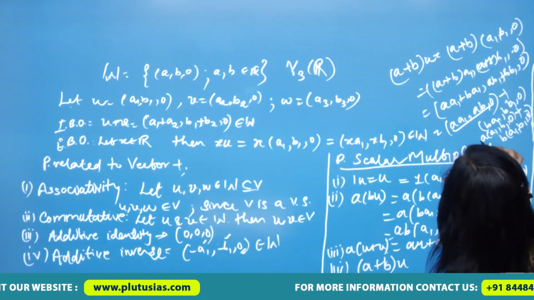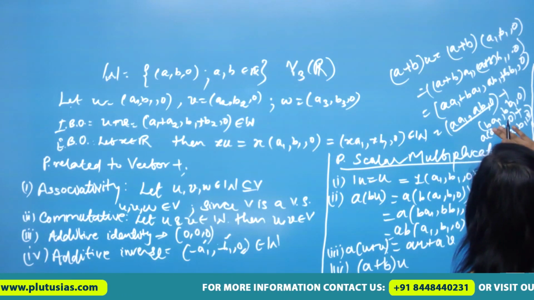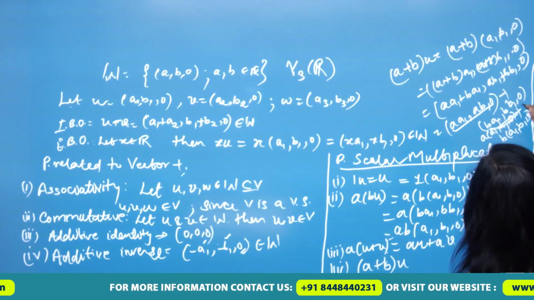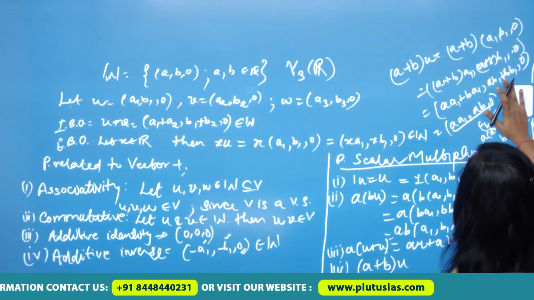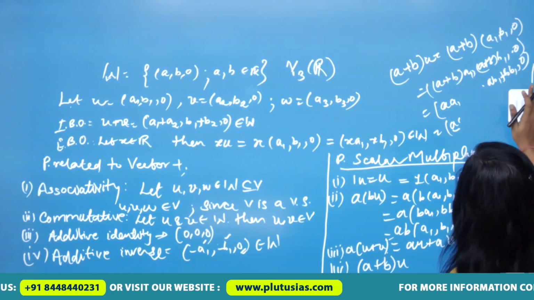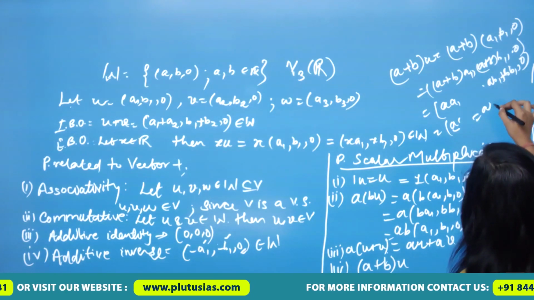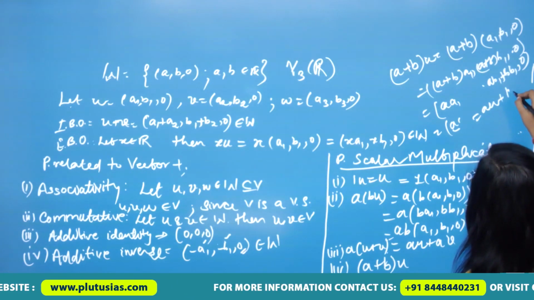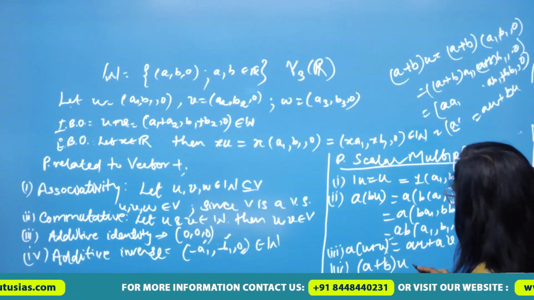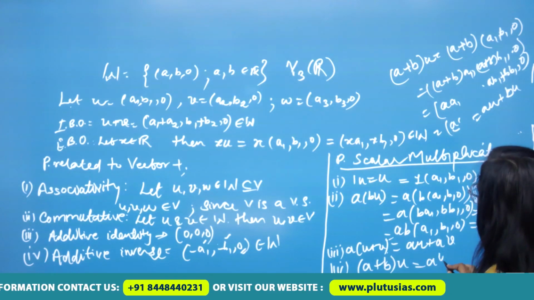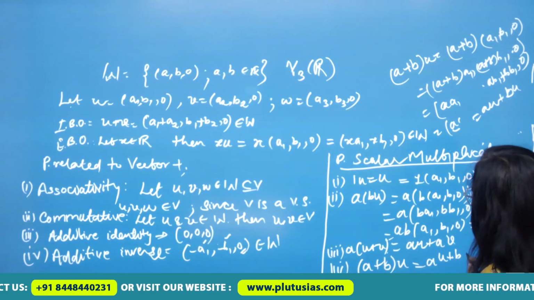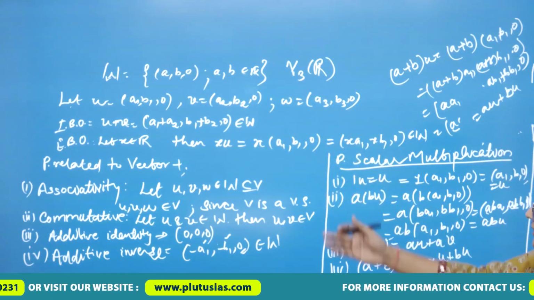So we have proved this is u, and this is also u. That means we have proved the result, that it turns out to be au plus bu, and this was the required thing that we needed to prove, au plus bu. Hence it is a vector space.